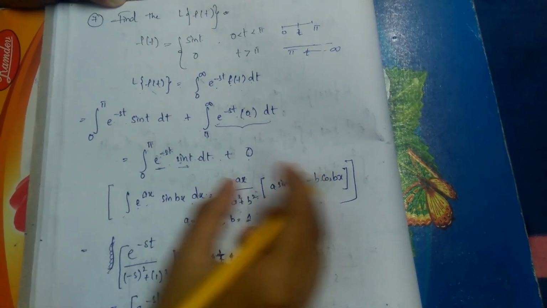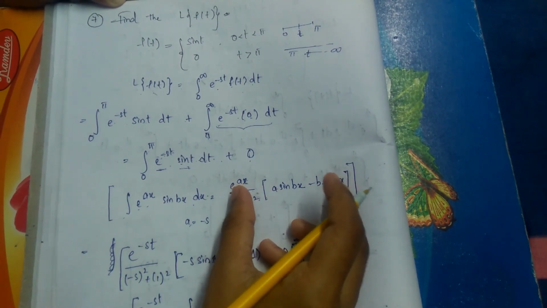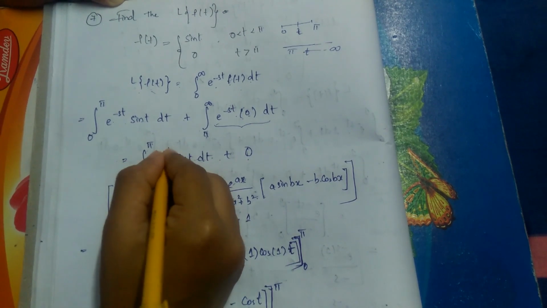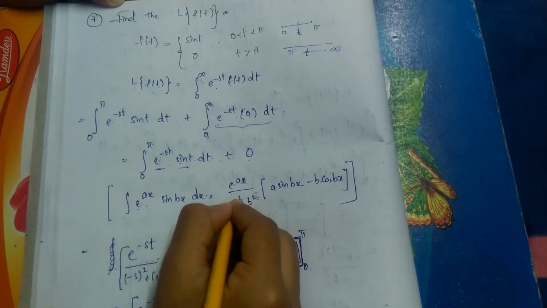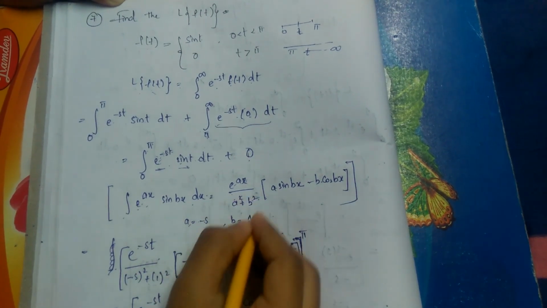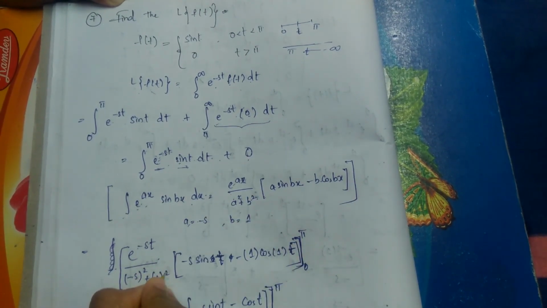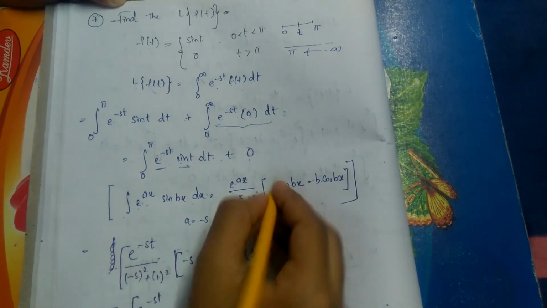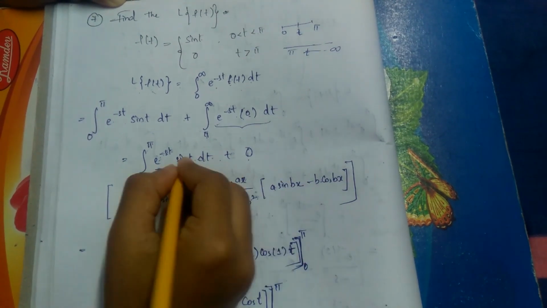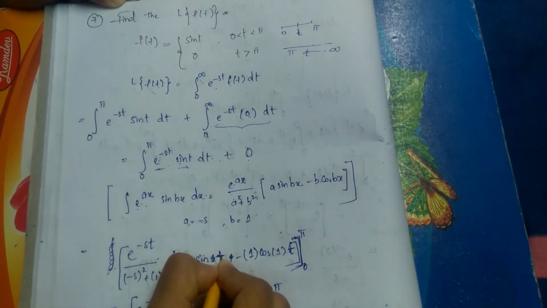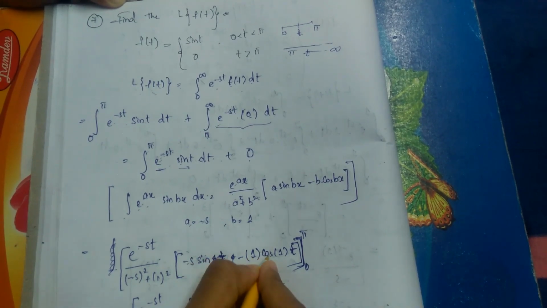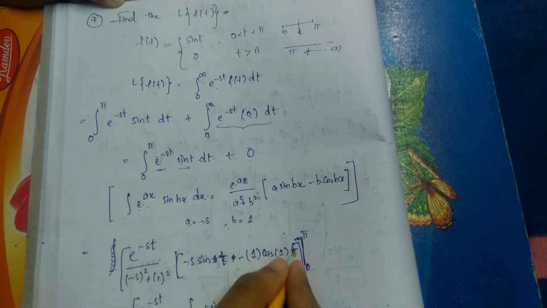So this whole can be written, by using this formula, as e power ax, nothing but e power minus st divided by a square, that is minus s whole square, plus b square, nothing but 1 square, into a sin bx, that is minus s sin t, minus b into cos bx, so 1 into cos t.